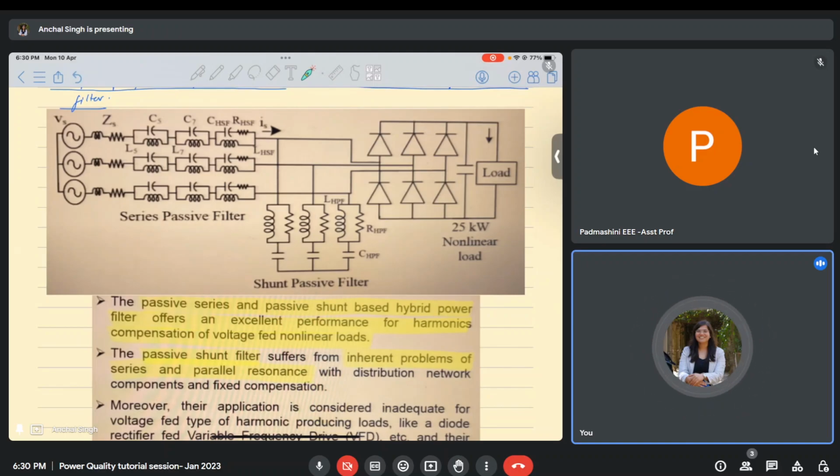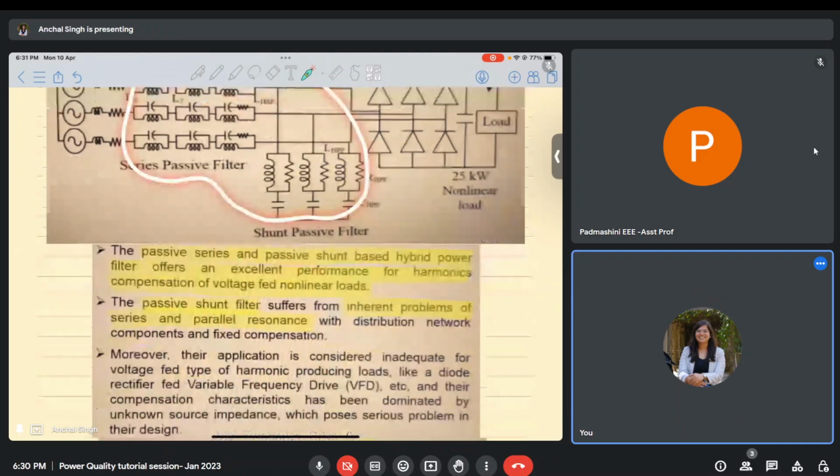These passive shunt filters suffer from the inherent problem of series and parallel resonance alone, and similarly series filters suffer from the problem of voltage drop when they are put alone. But together they form a robust combination, as we have just discussed above, right?